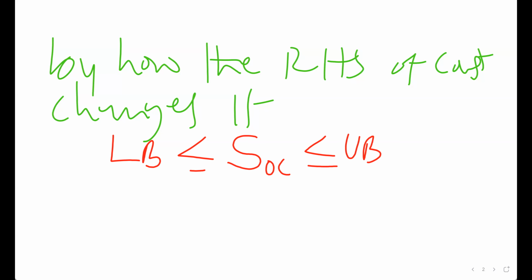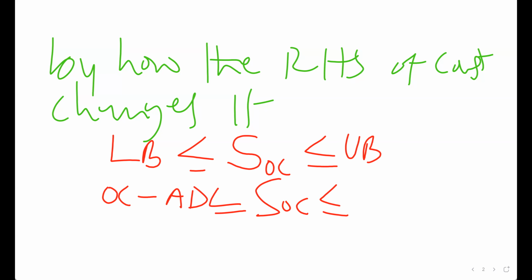Now, the lower bound is the objective coefficient minus the allowable decrease, whereas the upper bound is the objective coefficient plus the allowable increase. Take note.